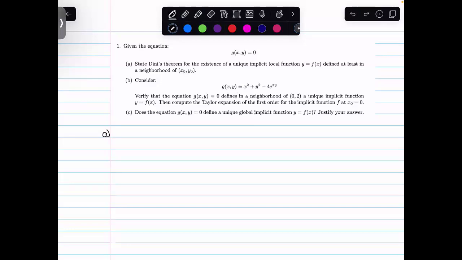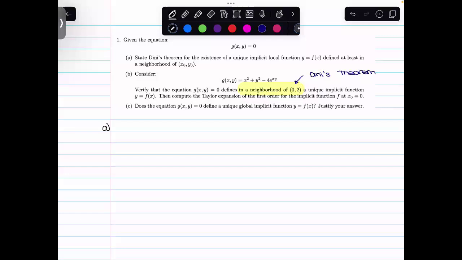So the point is that when they say in a neighborhood, you can just use Dini's theorem. And then to analyze it globally, we can look at it different ways. But my point is that if they mention Dini's theorem, which is specifically for the local situation, I would expect that this kind of function is going to satisfy Dini, but it's not going to be a global implicit function, just a local one.